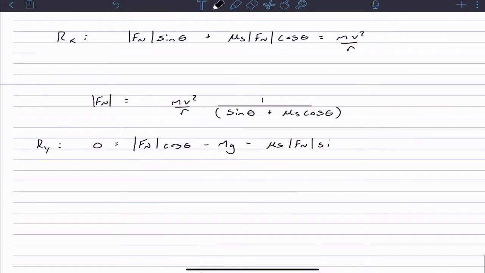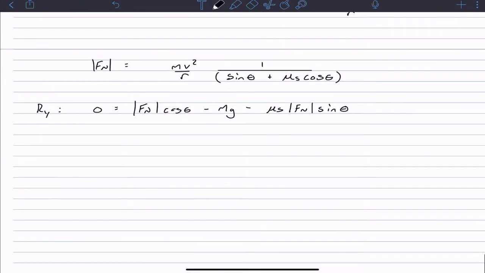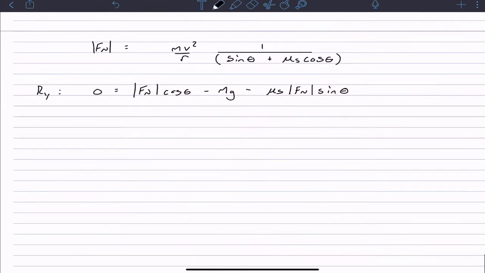Yes, sine theta. This is the reason that we were not able to solve analytically for the normal force: we were not able to solve for the numerical value because we don't know what the velocity is, and that's what we want. We want a range of velocities.